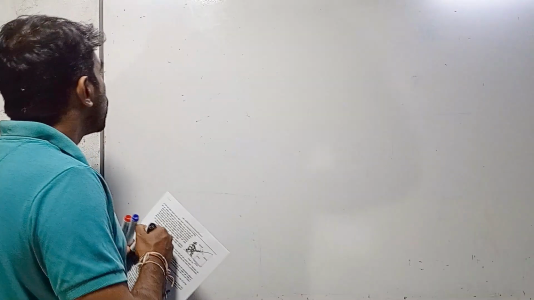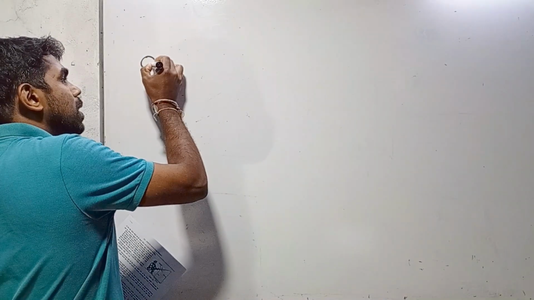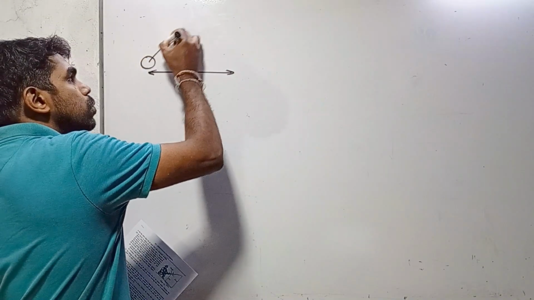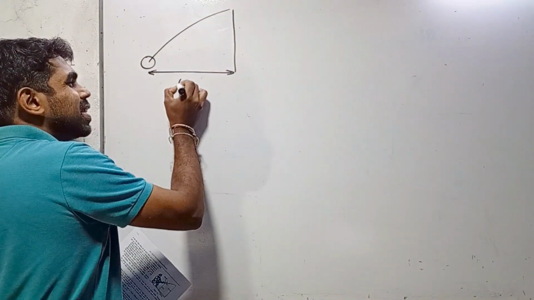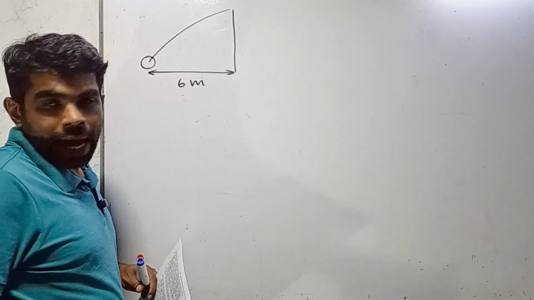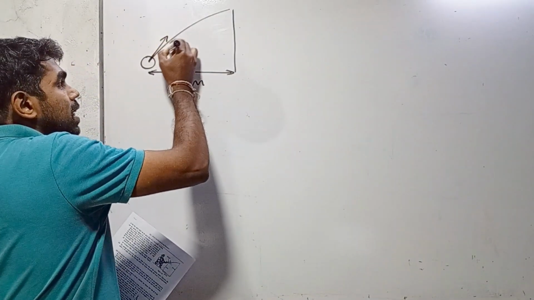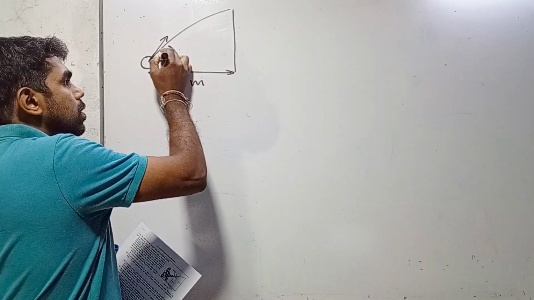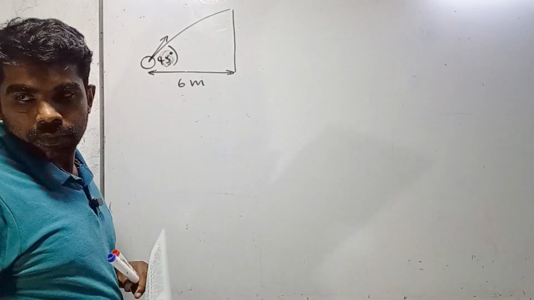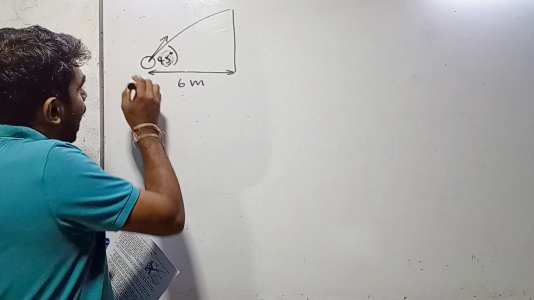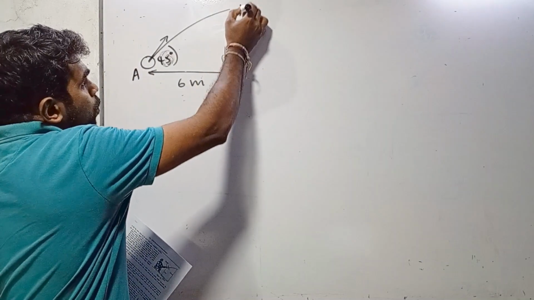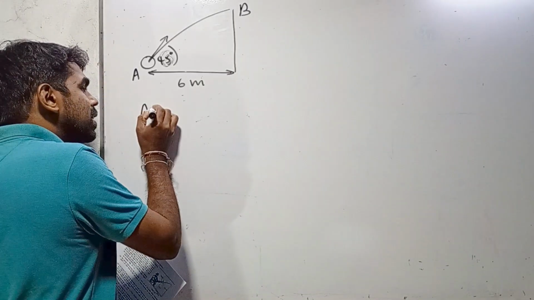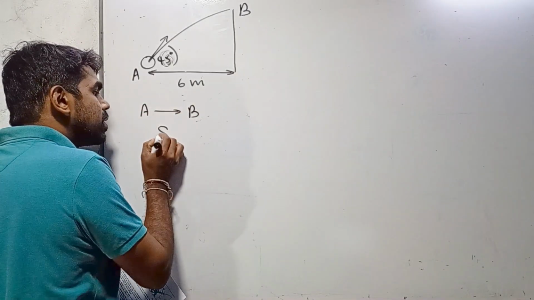We know that the horizontal displacement from the ejecting point to the building is ejected at angle theta, which is 45 degrees. Then we can find the time to move from A to B. For the water flow, we can apply horizontally from A to B, S equals ut.